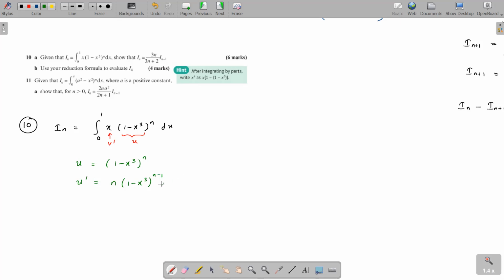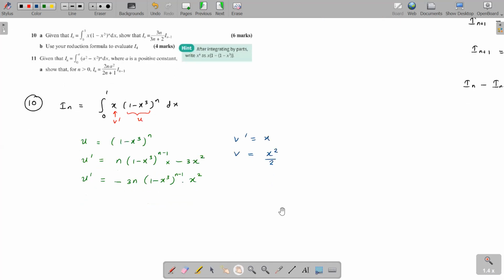After you're done with it, chain rule, go inside. Differentiation of 1 is 0. Minus x cubed differentiation is minus 3x squared. So if I arrange it, I get here minus 3n times 1 minus x cubed to the power n minus 1 into x squared. And the other one is our v dash. V dash is x, which means v becomes x squared over 2.